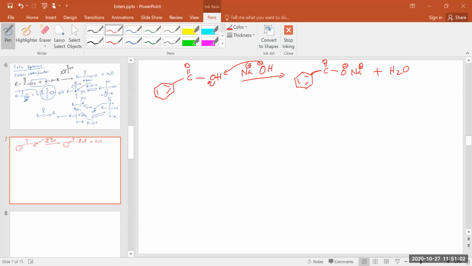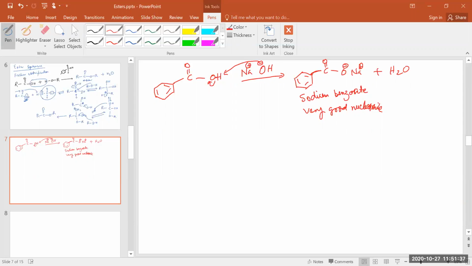So what is this salt? Sodium benzoate, like acetate, a carboxylate. This is a very good nucleophile, so it reacts very easily with electrophiles.